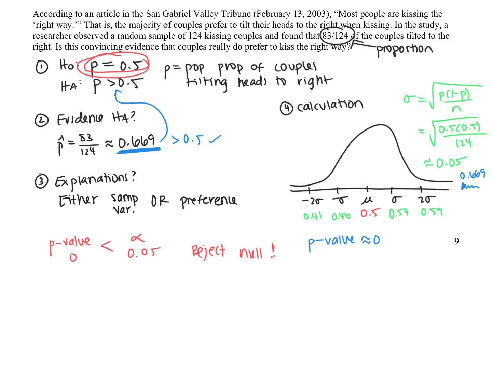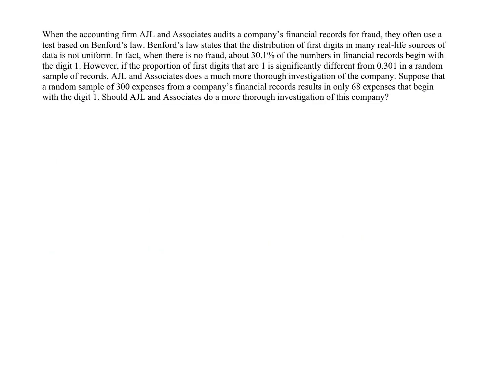Okay, so now that we know the quick background, let's go through an actual problem. So here is the one we're going to do together. When the accounting firm AJL and Associates audits a company's financial records for fraud, they often use a test based on Benford's law. Benford's law states that the distribution of first digits in many real-life sources of data is not uniform. In fact, when there is no fraud, about 30.1% of the numbers in financial records begin with the digit 1.